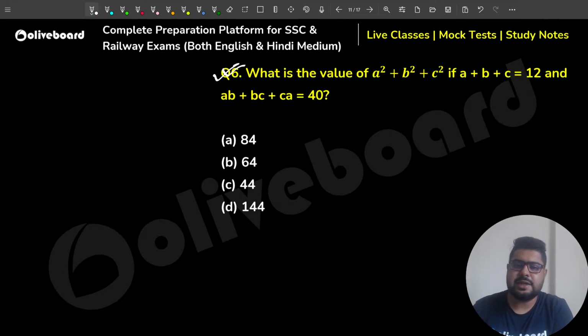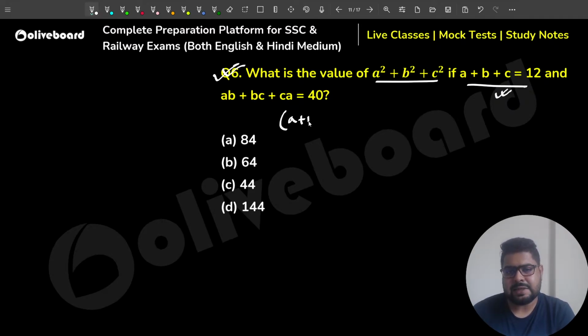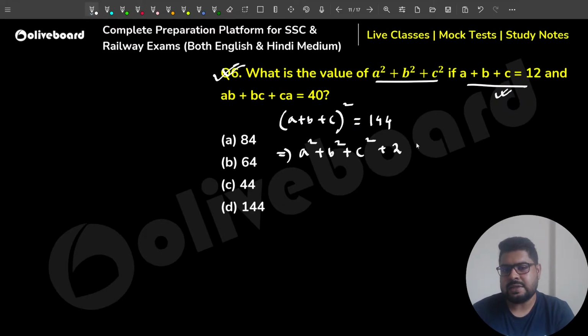No answers. Chalo, let me help then. So they are asking the value of a square plus b square plus c square. They have given you this. So first, always start from a plus b plus c. I'm doing the whole square of this. So 12 square is 144. This will become a square plus b square plus c square plus twice of ab plus bc plus ca.